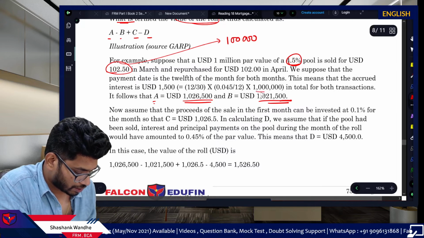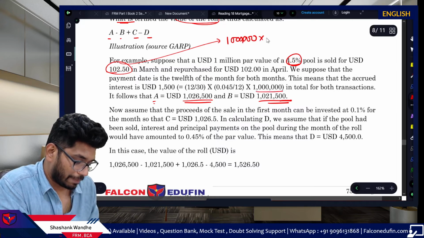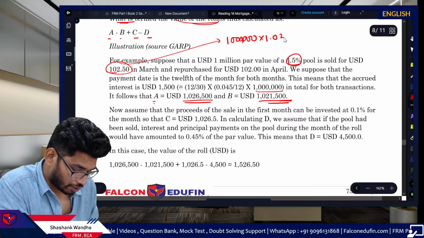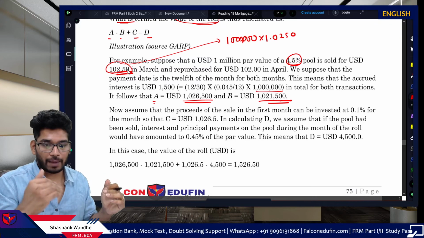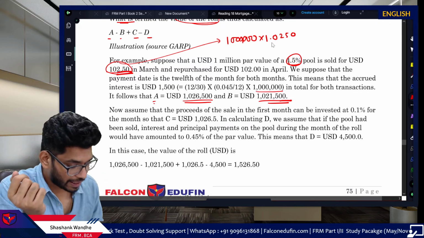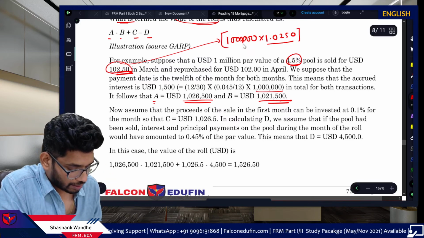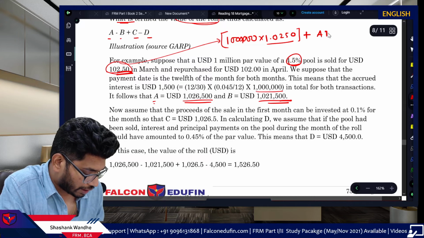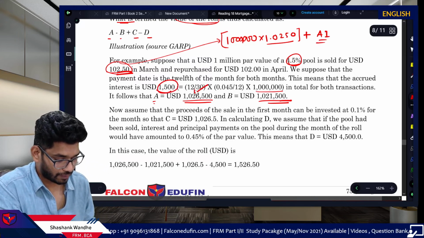Your total value is 1 million, multiplied by 1.0250. Remember, for 100 par, the price is 102.50. So for 1 million par, the price is 1.0250, plus accrued interest, which is 1500. If you perform this calculation, you will get the first value.